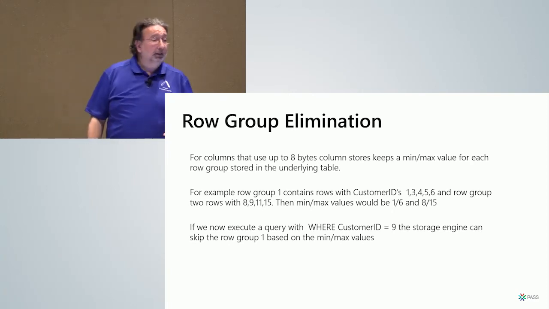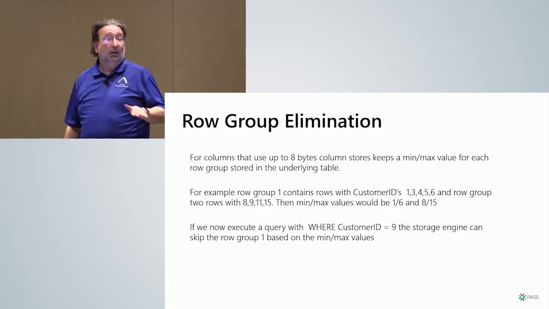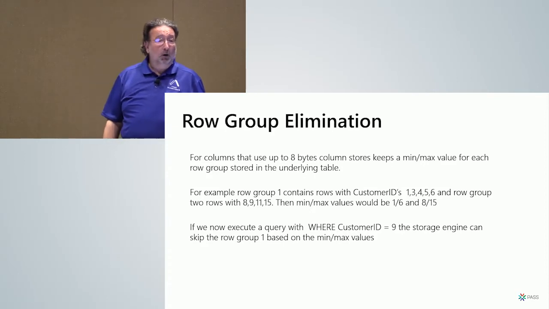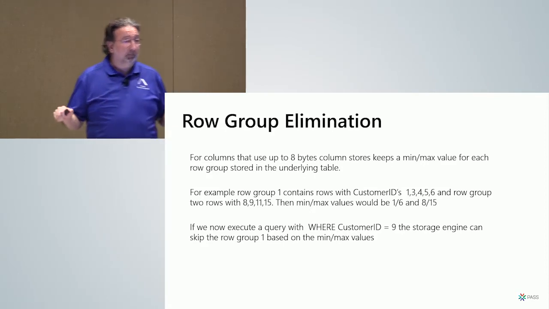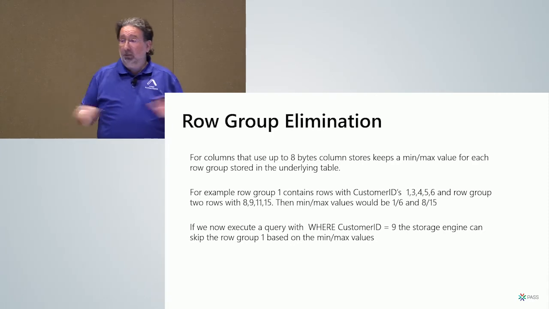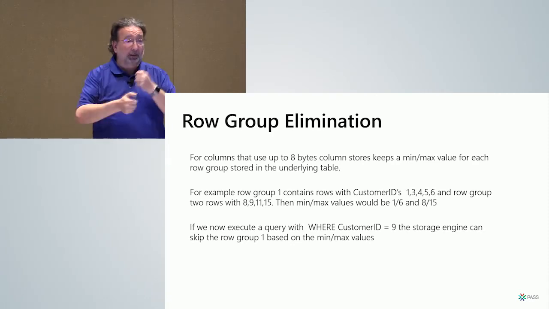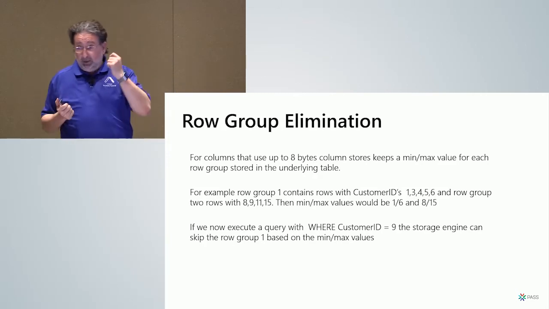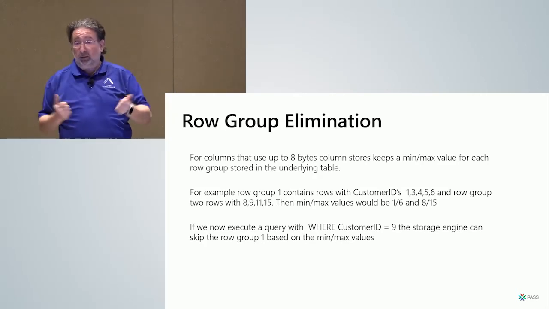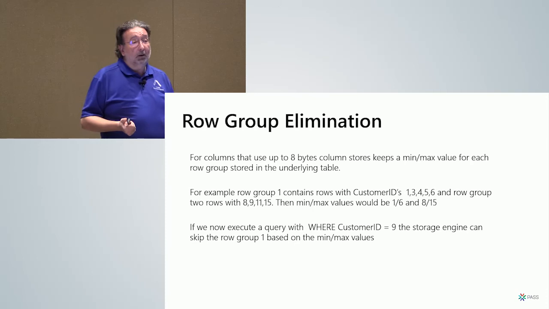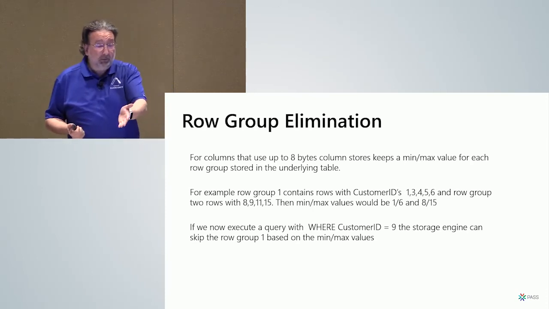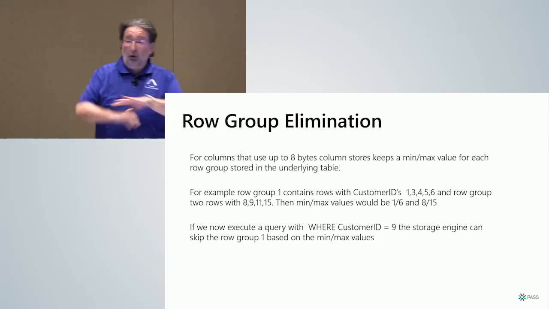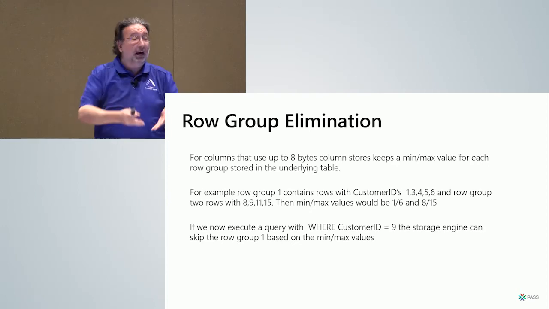The problem is, Columnstore by default has no order. You can't order it in any form. It basically keeps the data the way you insert it right now, but every time you rebuild the index, the order might change. So you might have 10 row groups all over the place that have values of 9 in it.